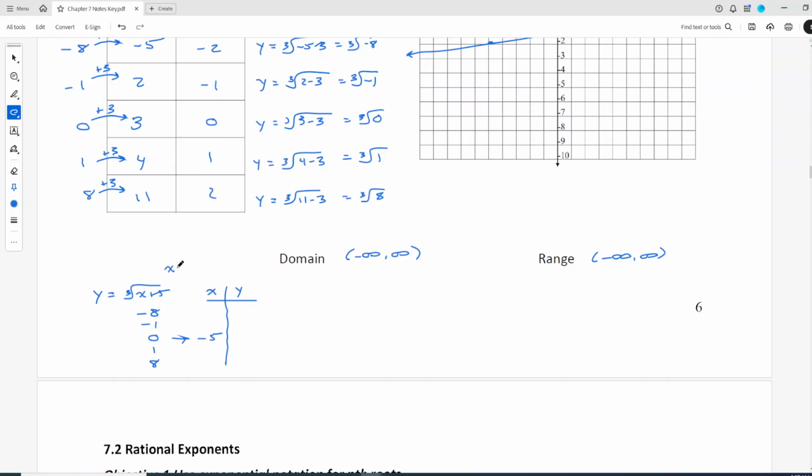I'm going to minus 5 from all the x values. It's going to go left 5. So all of these points we're going to minus 5 from. So you'd end up with points at -13, -6, -5, -4, and 3. And then if you plug it in, you'll get y is -2, -1, 0, 1, 2.